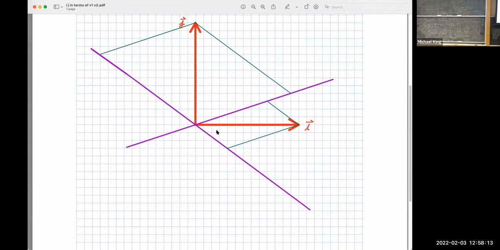This was the V1 axis here, and this was the V2 axis there. And I think you can tell that everything's scaled down by 13, and then it's not super obvious, but in terms of how you wrote I and J in terms of V1 and V2, you could check that this works from this picture. So it's checkable geometrically also if you draw the picture carefully enough. Anyways, I don't want to spend too much time on that.